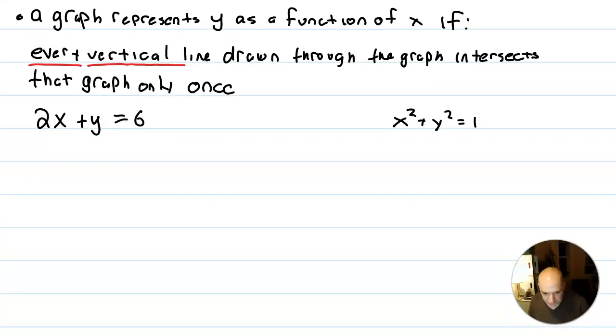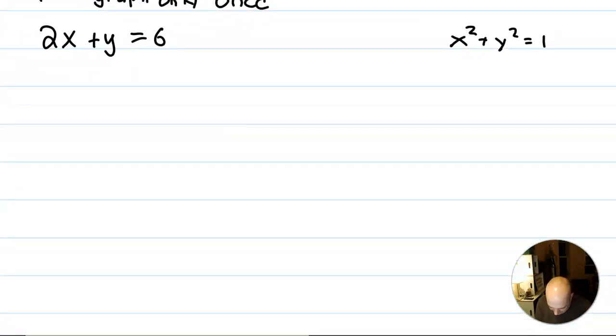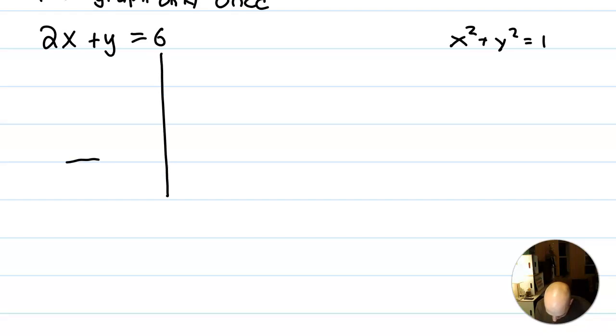So we're going to look at how that vertical line test applies to the two graphs, or equations, that we looked at above. And we're going to start by sketching their graphs. So we had 2x plus y equals 6. Well, we know that that's a linear equation, and the best way to graph a linear equation when it's in this form is by using its intercepts. So we think about x and y. If x was 0, what would y be?